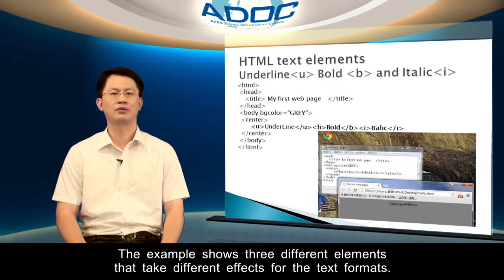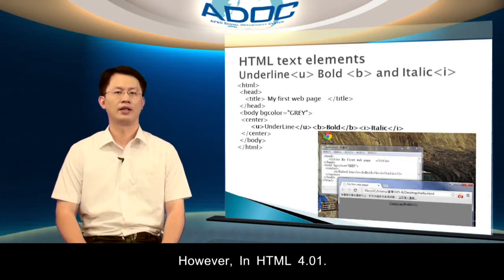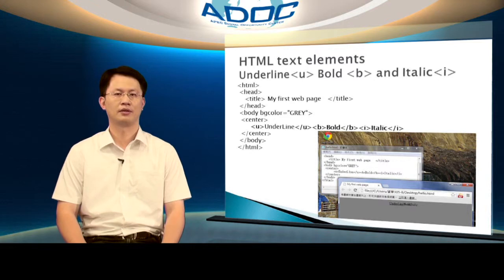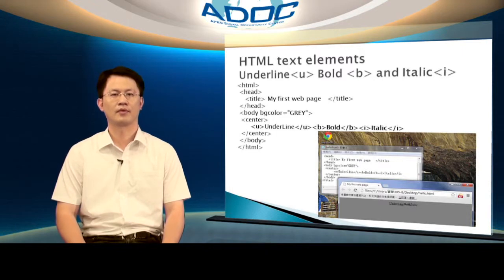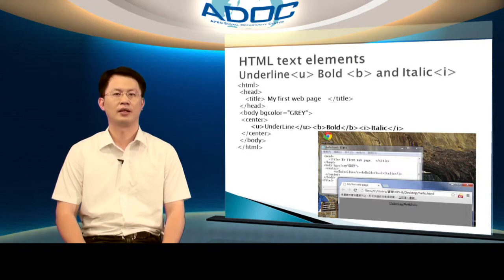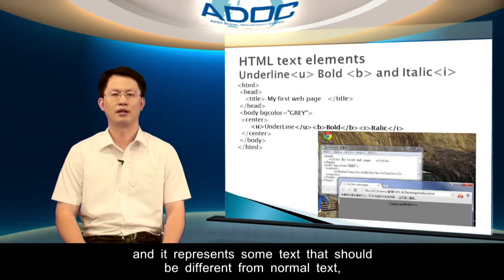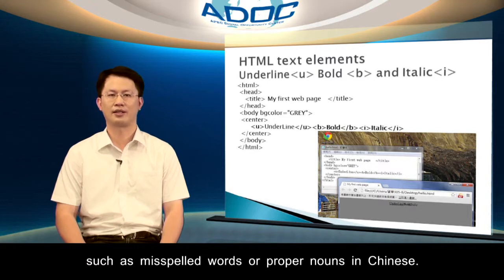The example shows three different elements that have different effects on the text format. However, in HTML 4.01, the U element is deprecated. The U element is redefined in HTML5, and it represents some text that should be different from normal text, such as misspelled words or proper nouns in Chinese.